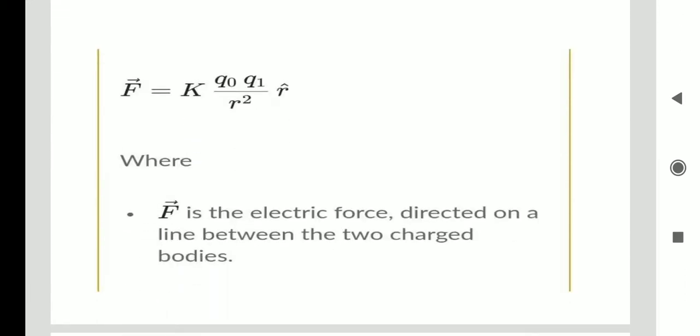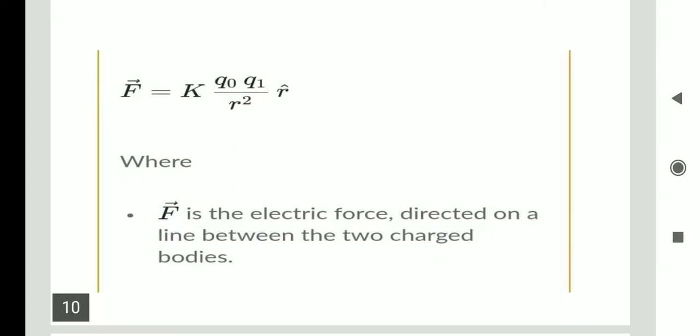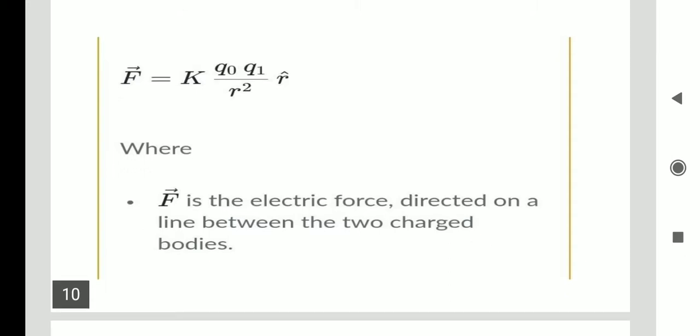Coulomb's law states that F is equal to K Q0 Q1 by R square into R cap. That means the force of attraction between two bodies is proportional to the product of the two charges Q0 and Q1, and inversely proportional to the square of the distance between the two bodies.